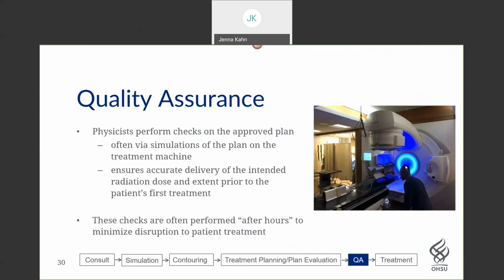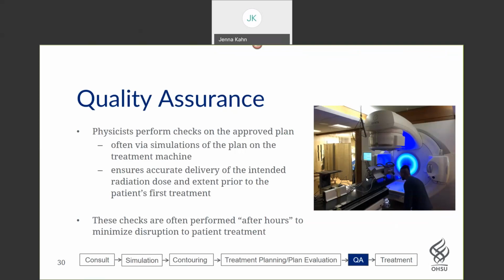After we've approved the plan, a physicist performs a check, often via simulation of the plan on the actual treatment machine. It ensures accurate delivery of the intended radiation dose and extent prior to the patient's first treatment. These checks are often performed after work or after hours to minimize disruption to patient treatments.